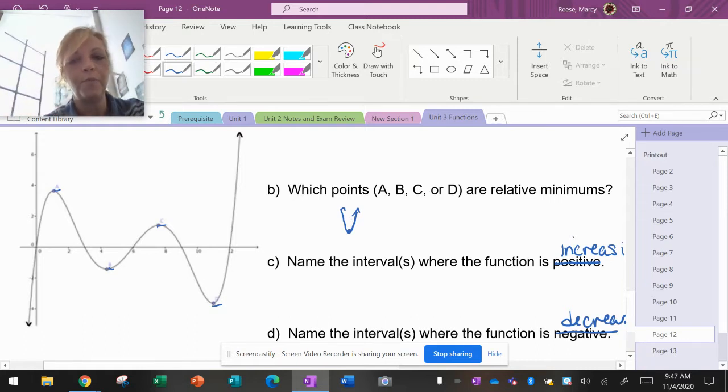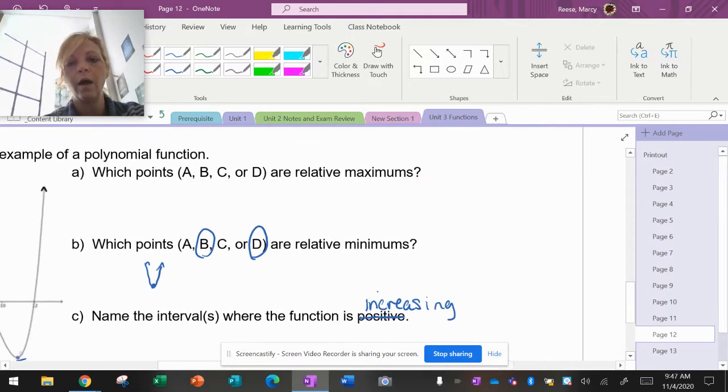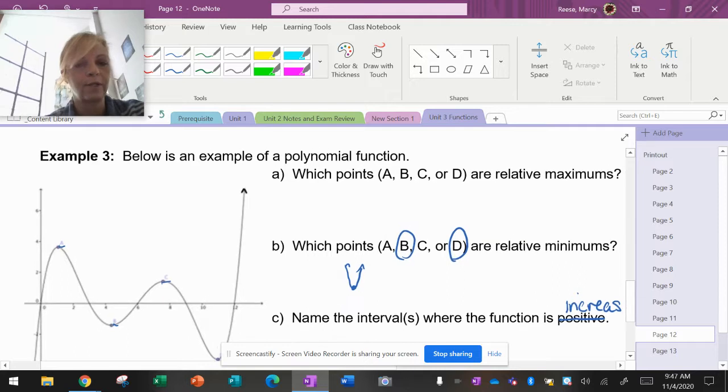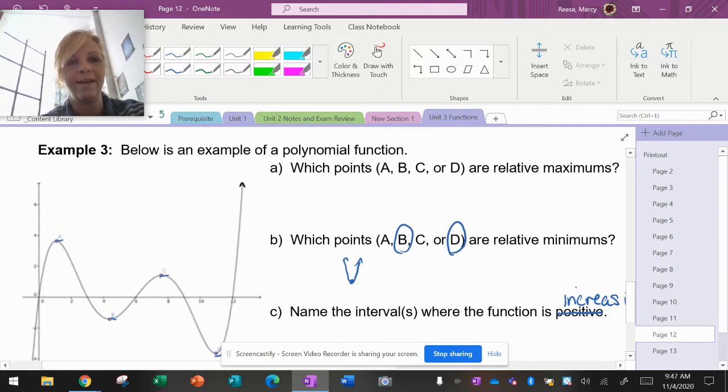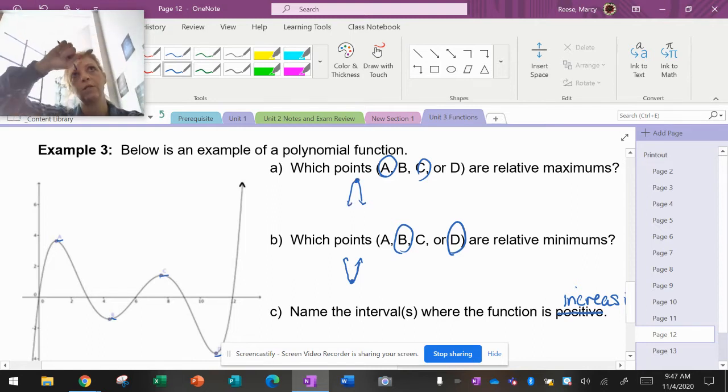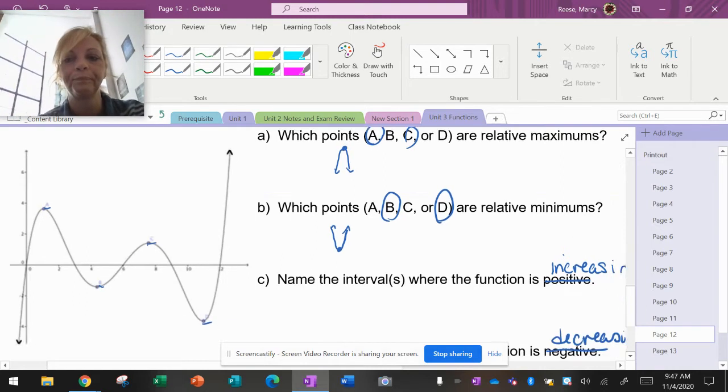And I would say B and D are relative mins. Oops, and I skipped the relative max, sorry. I went right to B because I put my picture too big. Relative maxes are going to be your A and your C because that's going to be where your peak is. And it has to have a peak. It has to go where it goes up and goes back down.